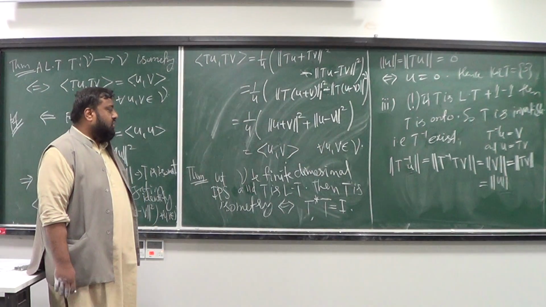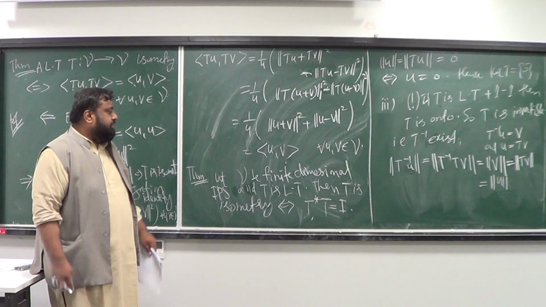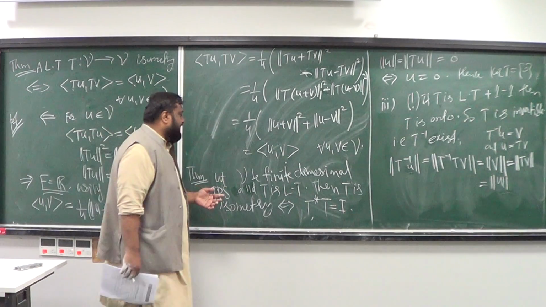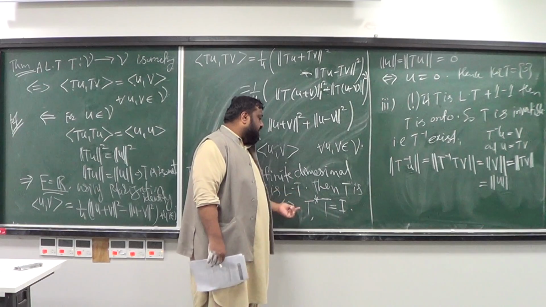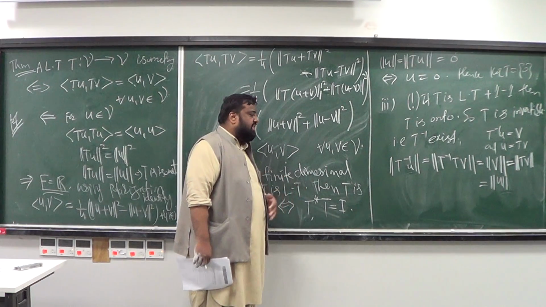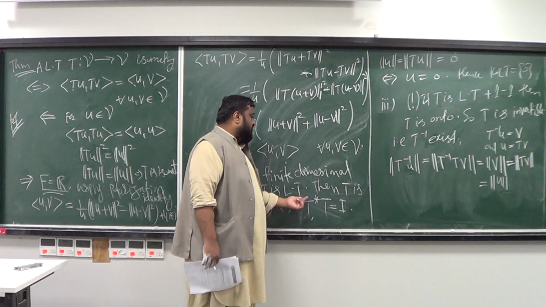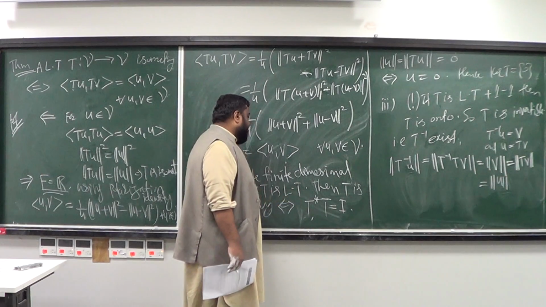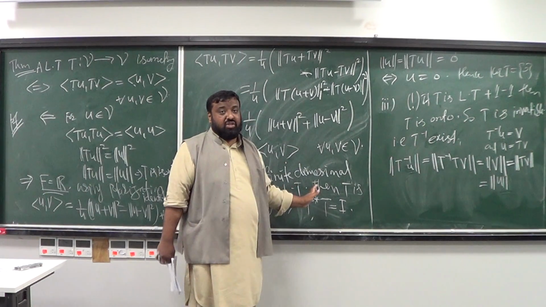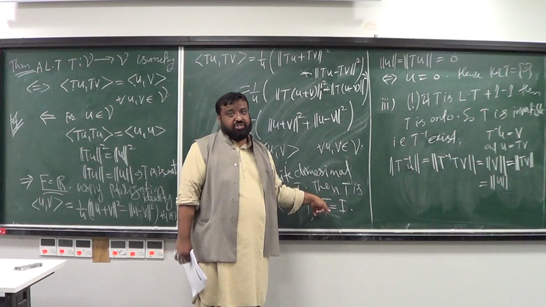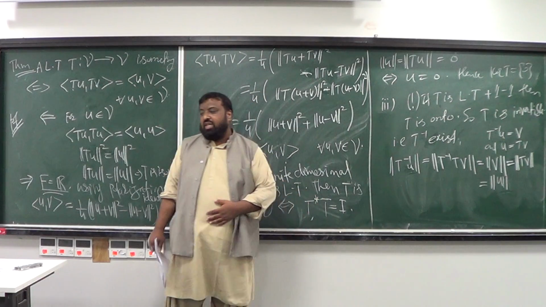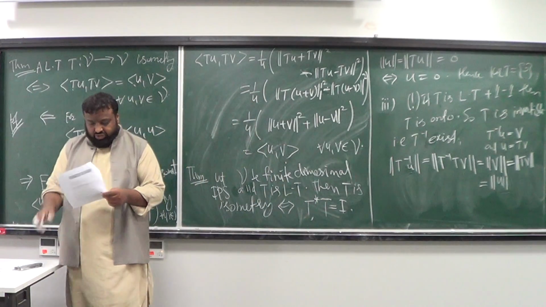In other words, the adjoint of the transformation, which we defined in our last class, is like the left inverse of the isometry T.